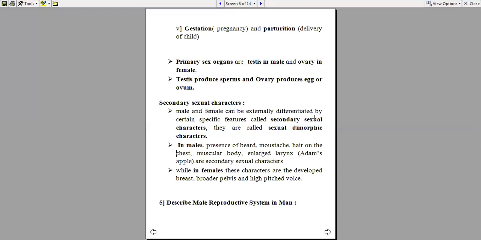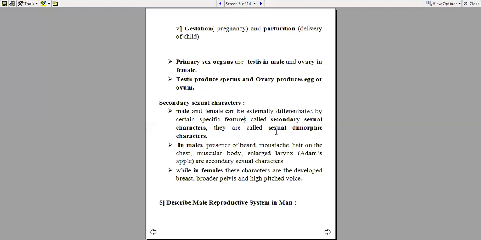Secondary sexual characters in male and female can be externally differentiated by certain specific features. Means, on the basis of these characters, one can distinguish male and female.